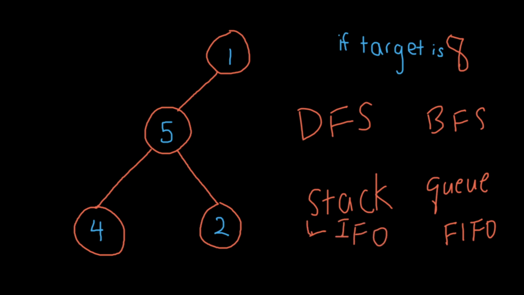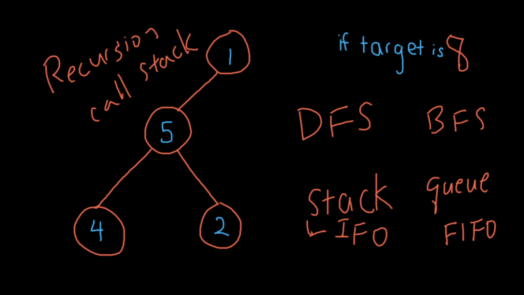Now, what is useful about using recursion? Recursion is that you're using the call stack. So that's a stack, and that's a stack. So recursion actually helps you do DFS pretty easily.